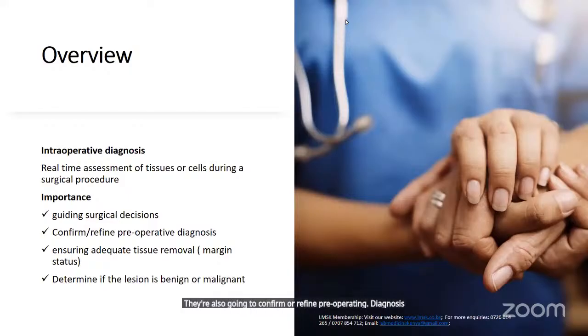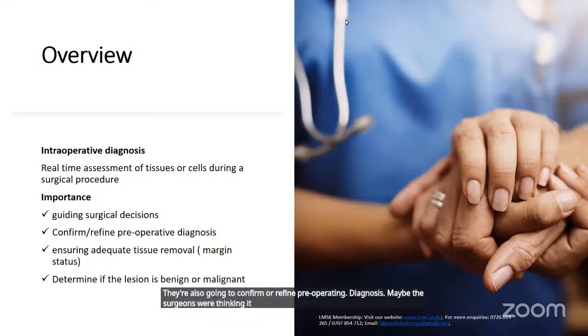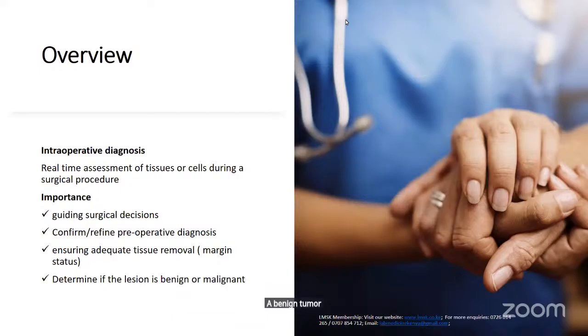Maybe the surgeons were thinking it was a benign tumor or a malignant tumor, or maybe a fluid, so maybe an infection. That particular diagnosis is going to help them confirm what they were thinking the patient is having.